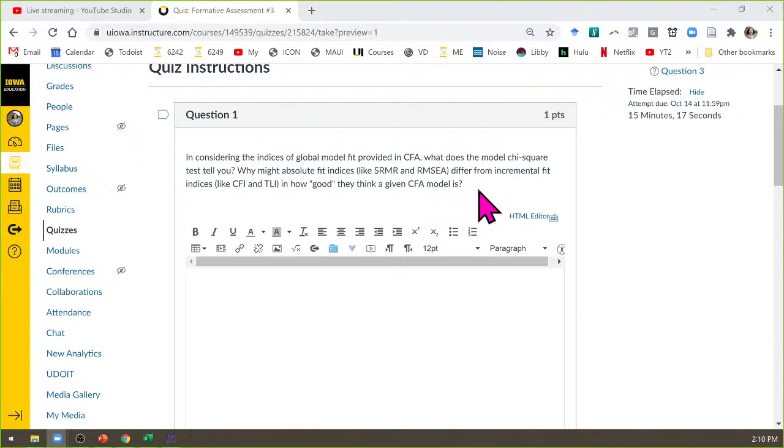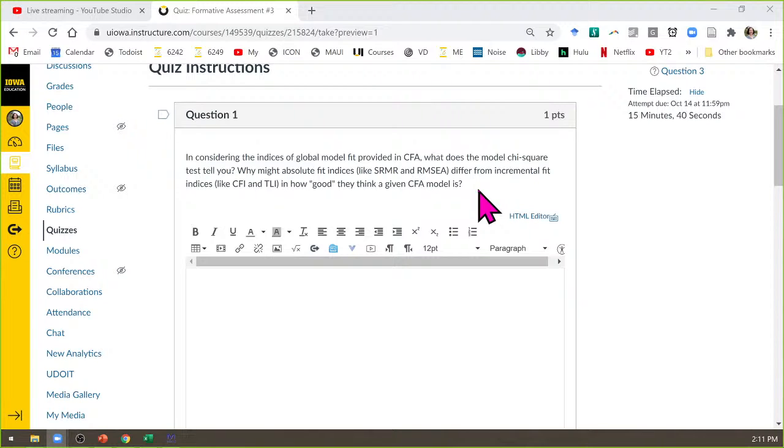RMSEA and SRMR are both indices that are relative to the same perfect H1 saturated model. So they are judging how much worse your model is than perfect, where 0 means that your model is perfect and anything greater than 0 is bad, and you want this to be in the neighborhood of 0.06 or less for what is a good model.